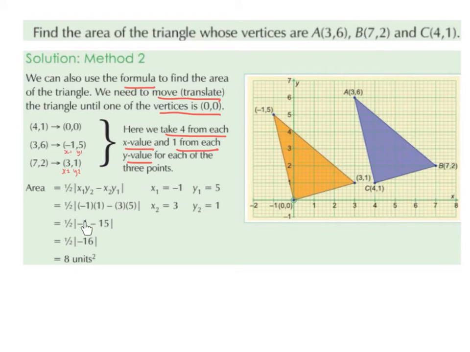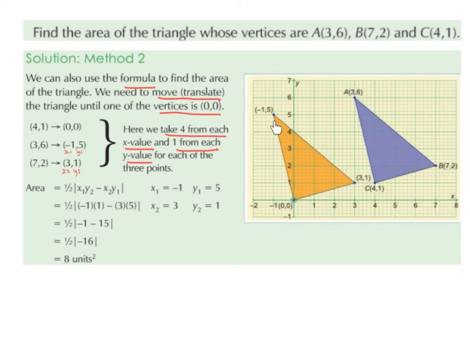Minus 1 by 1 is minus 1. 3 by 5 is 15. Bring down the minus. Minus 1 minus 15 is minus 16. Half of minus 16 is minus 8. But we're really getting half of positive 16, because these lines tell us that we need to keep the number inside here positive, and half of 16 is 8 units squared.